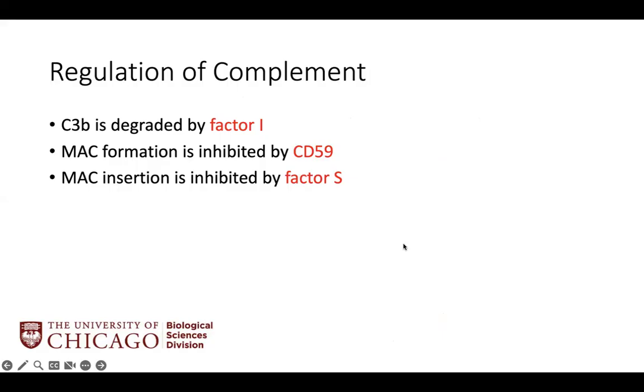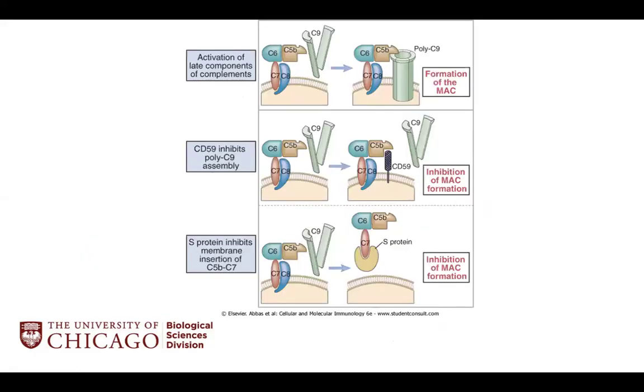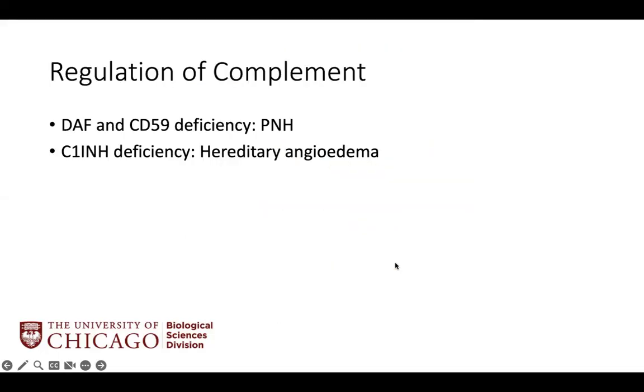Okay. So C3b is degraded by factor I, and MAC formation is inhibited by both CD59 and factor S. Here is CD59. It's not allowing this poly C9, and factor S is not allowing the membrane insertion of C5b to C7.